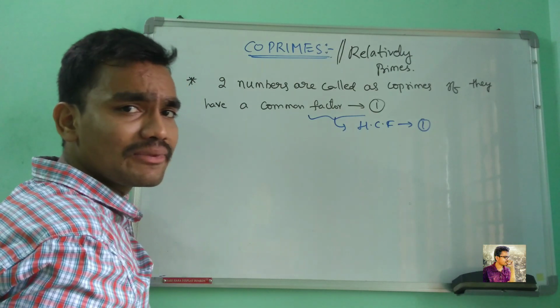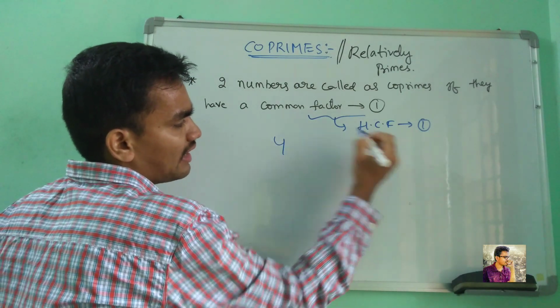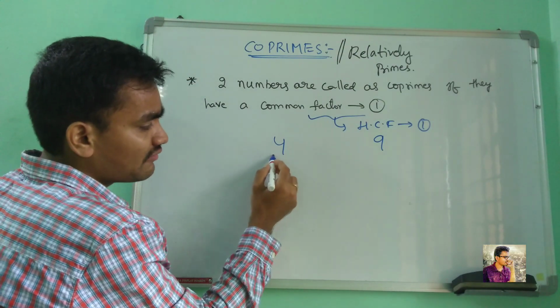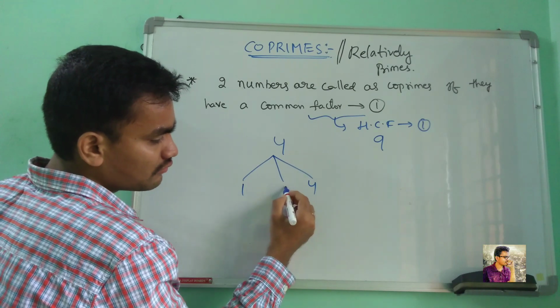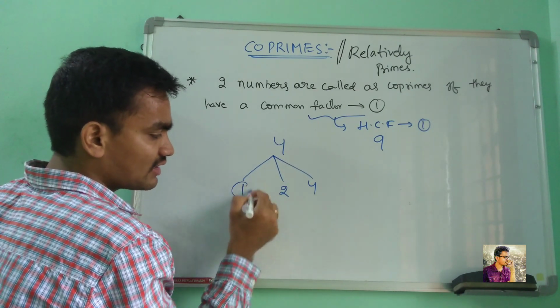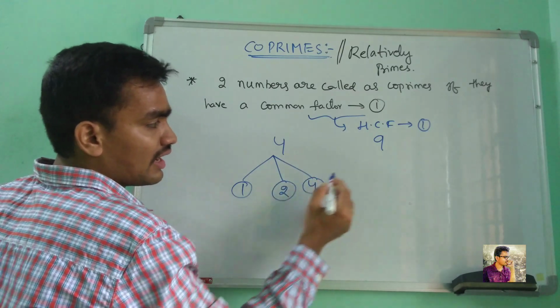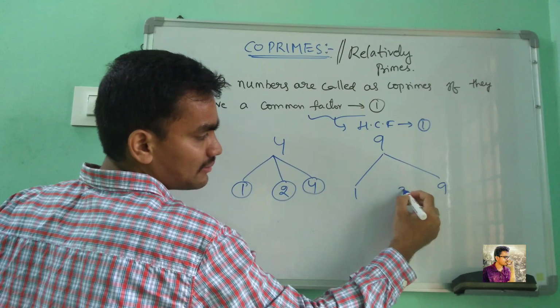Let me take an example as usual. So if there are two numbers like 4 and 9, you can see the factors of 4 are 1 times 4 is 4, and 2 times 2 is 4. So I can write 1, 2, 4 as the factors of 4, and similarly I can write the factors of 9 as 1 times 9 and 3 times 3.